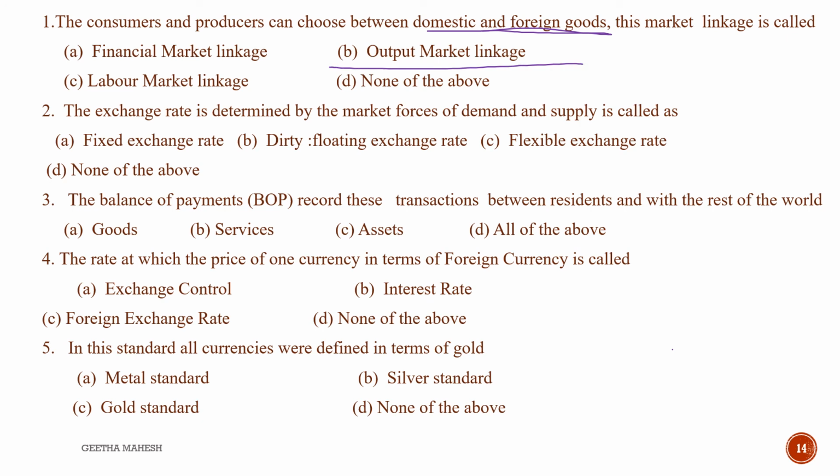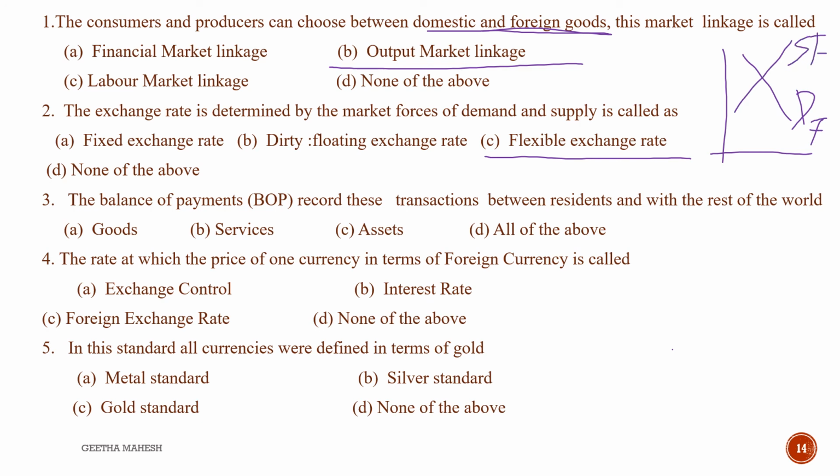Exchange rate determined by market forces of demand and supply is called fixed exchange rate, dirty floating exchange rate, flexible exchange rate, none of the above. It is flexible exchange rate, where market forces, demand for foreign currency and supply of foreign currency, determine it.